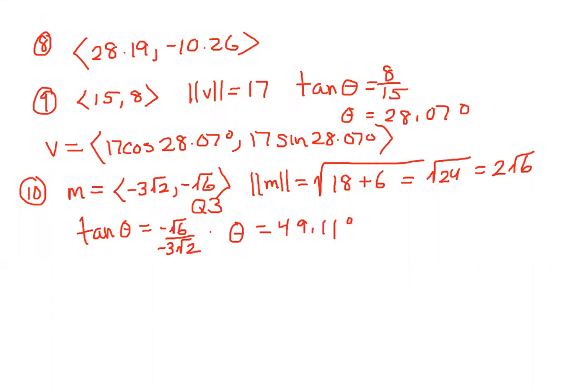But 49.11 is not in quadrant 3. So what do we have to do? We have to add 180 to get it into quadrant 3. And our angle is 229.11 degrees.